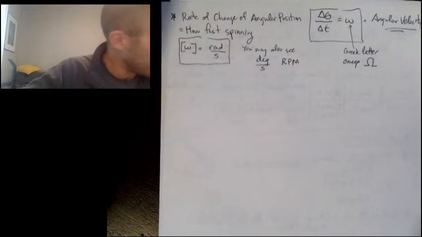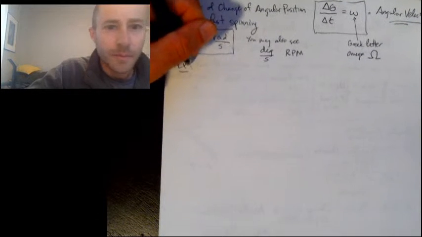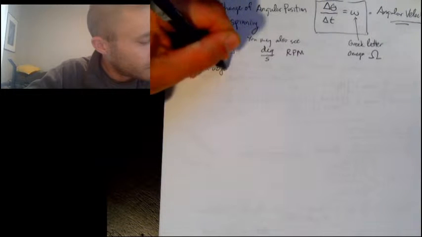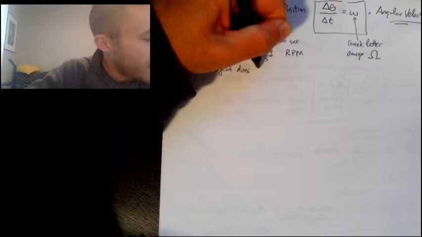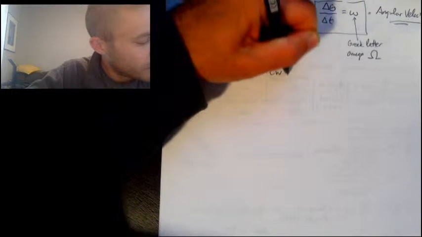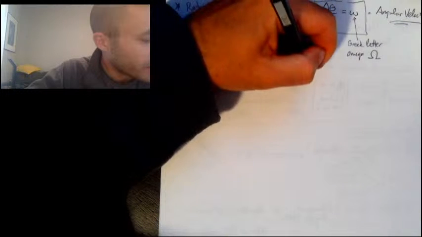Let's do an example. An object does 8 clockwise rotations in 3 seconds.